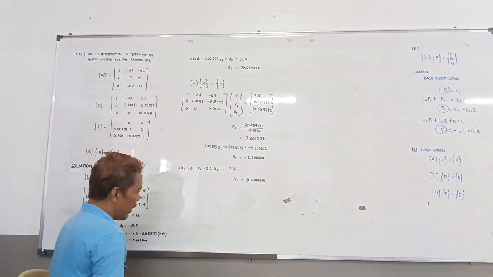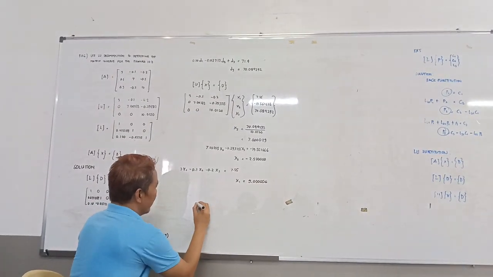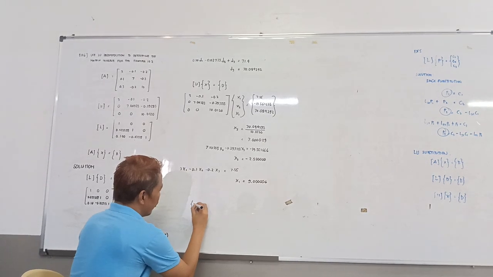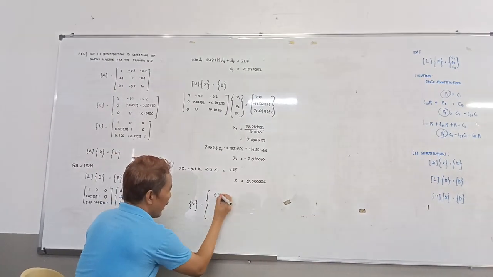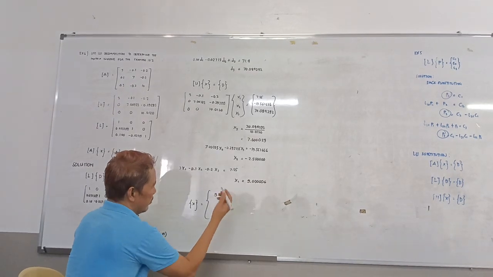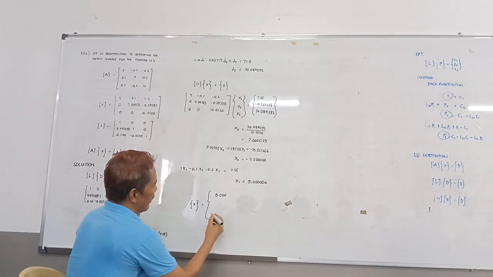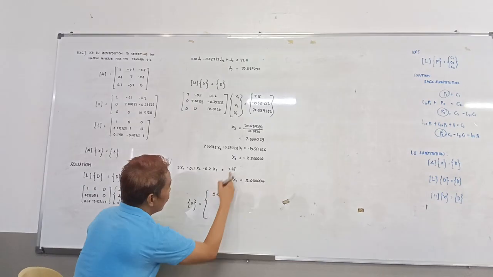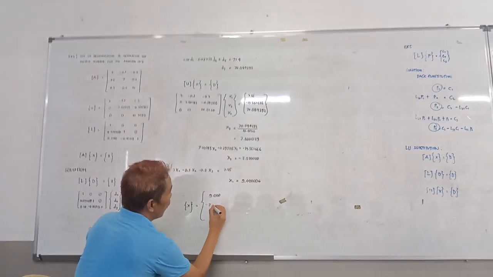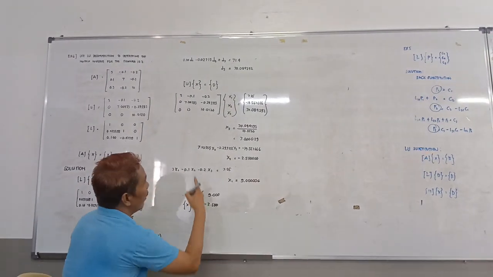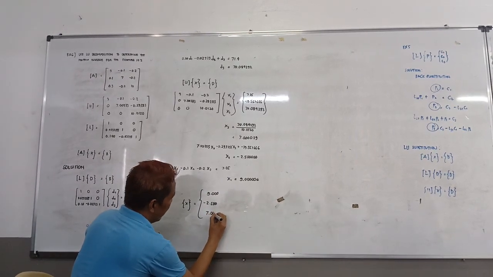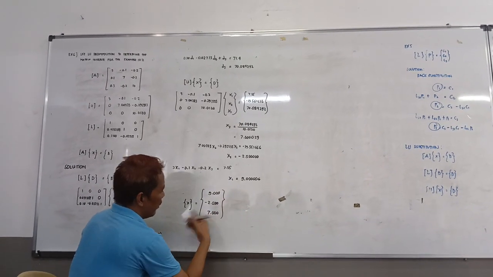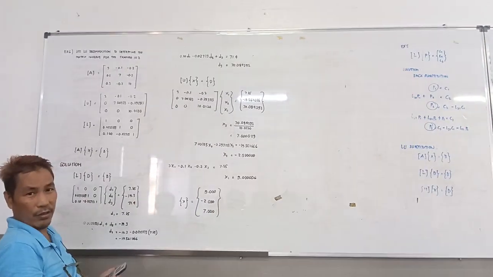Finally, you may present your answer: x1 is about 3, x2 is negative 2.5, and x3 is 7.